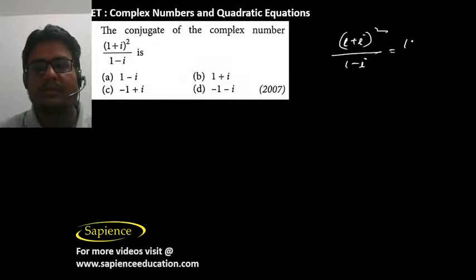So this will be equal to (1 square plus i square plus 2i) divided by 1 minus i.